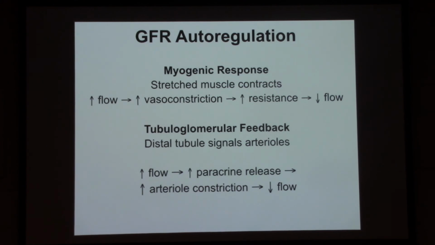So those paracrines stimulate the arterioles to constrict, which then leads to a decrease in flow into the glomerulus and a decrease in GFR. Again, this does not require the endocrine system or the nervous system. It's all right there in the nephron. Everybody got this down?